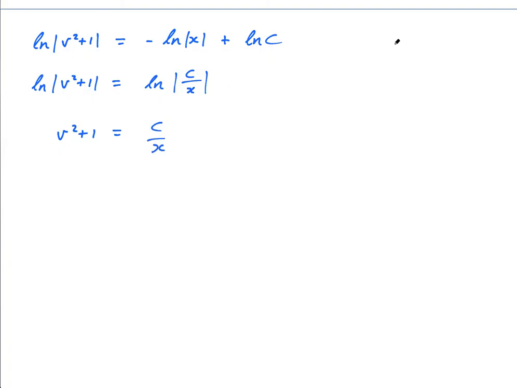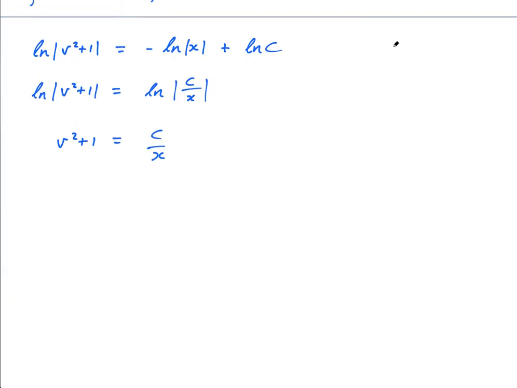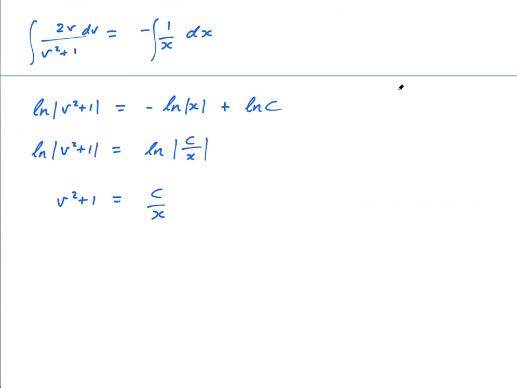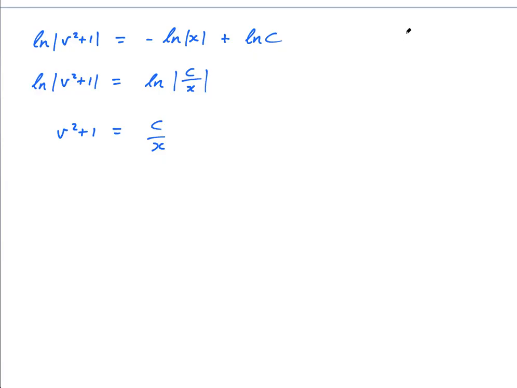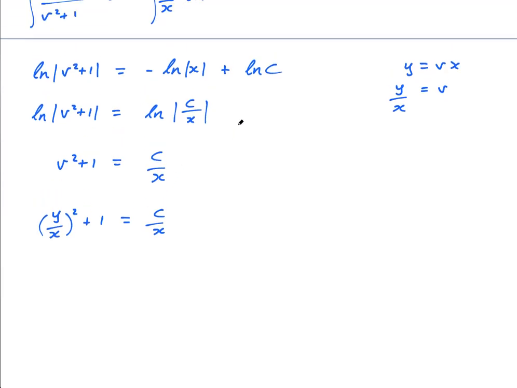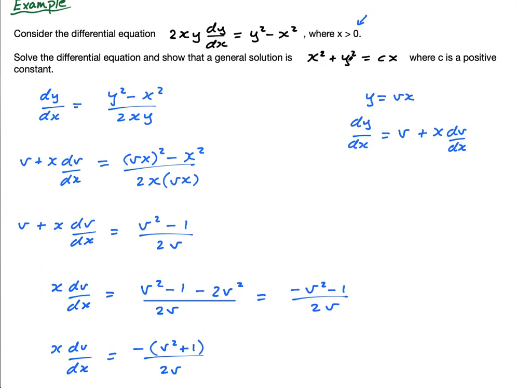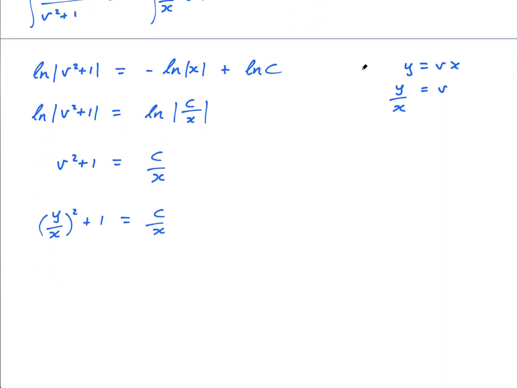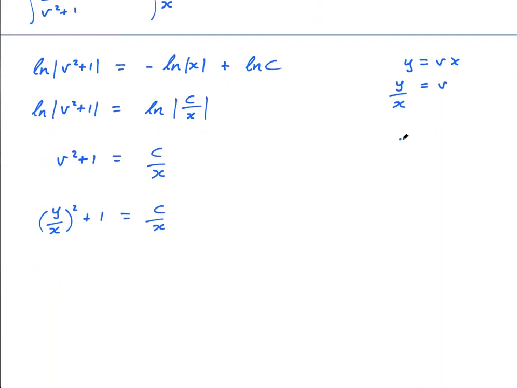Because the substitution that I used was y equals vx, v is equal to y over x. So this is y over x squared plus 1 equals c over x. Now, let's see what form they want. They want x squared plus y squared equals cx.